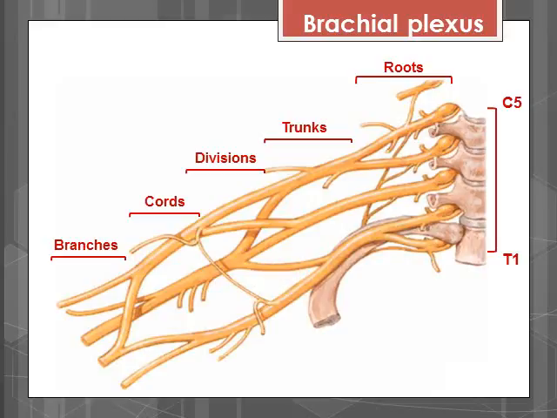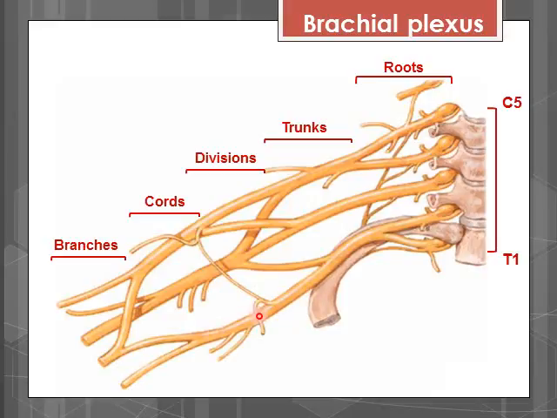Now the last part, which is the cords. The anterior divisions of the upper and the middle trunks unite to form the lateral cord. The anterior division of the lower trunk continues as the medial cord.